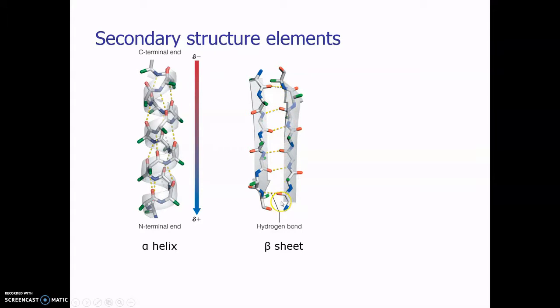Unique characteristic of a beta sheet is if you consider it to be a flat piece of paper, every other amino acid will point towards you, and the next amino acid along the path will be facing away from you. So here we have facing away, facing towards us, facing away, facing towards us, facing away, facing towards us.